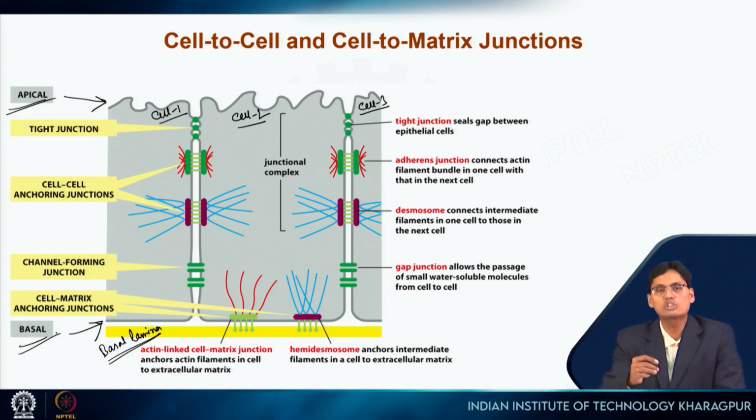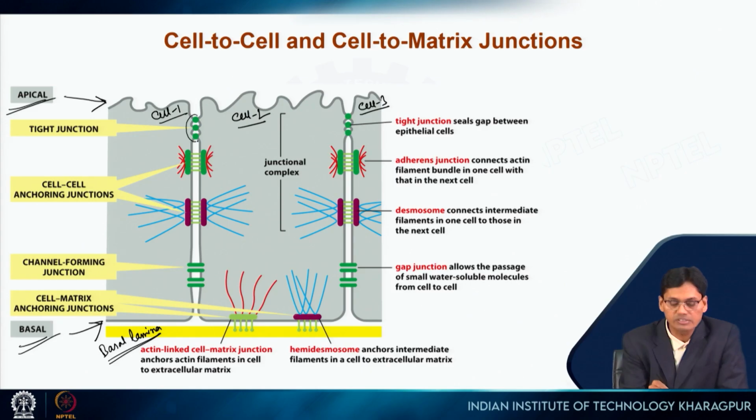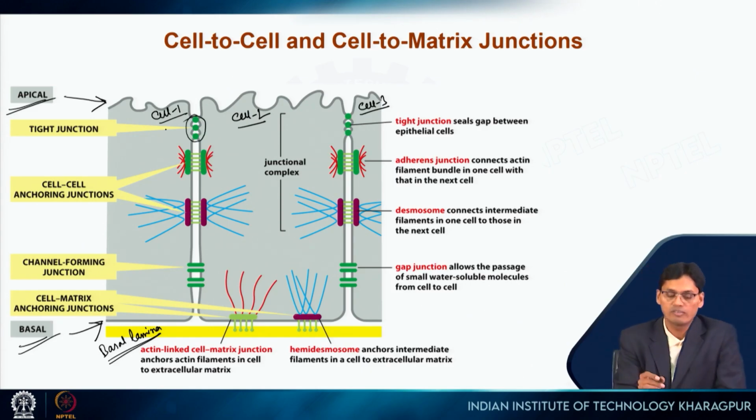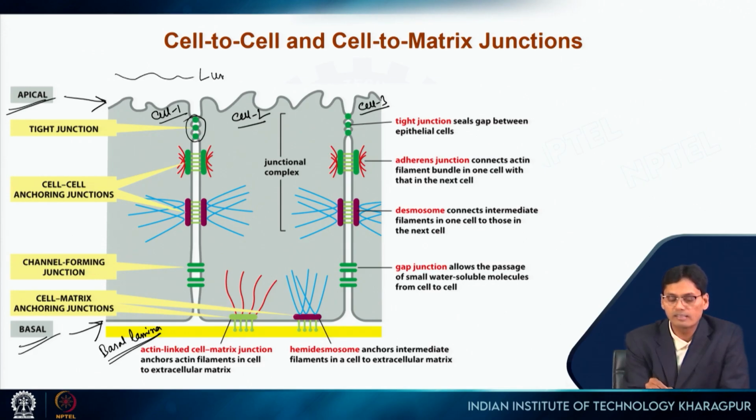Now, from the apical side, at the very beginning we have a junction which seals those cells together. For example, if I consider these intestinal epithelial cells, then this part is the lumen of the intestine, with fluids, nutrients, and many other things.